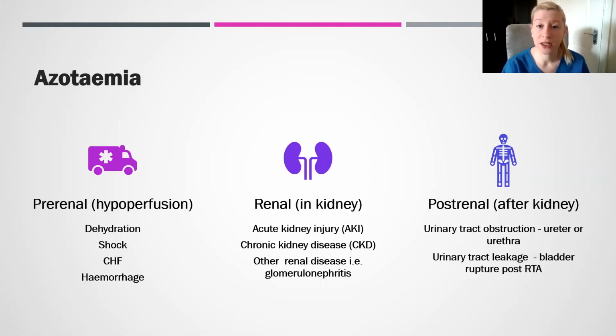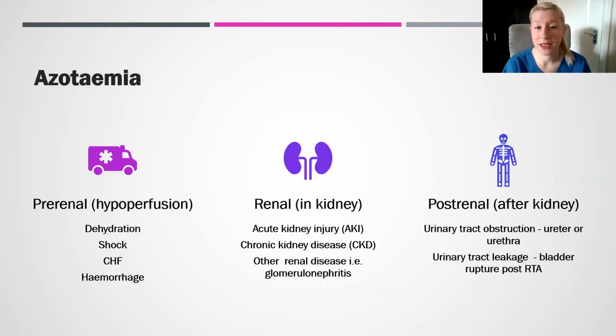With your acute kidney injury, you tend to see a hyperkalemia, not always, but you usually will see a hyperkalemia with an acute kidney injury, whereas with a chronic kidney disease, you may see a low potassium value. Hypo and hyperkalemia just mean high and low potassium ranges within the bloodstream.